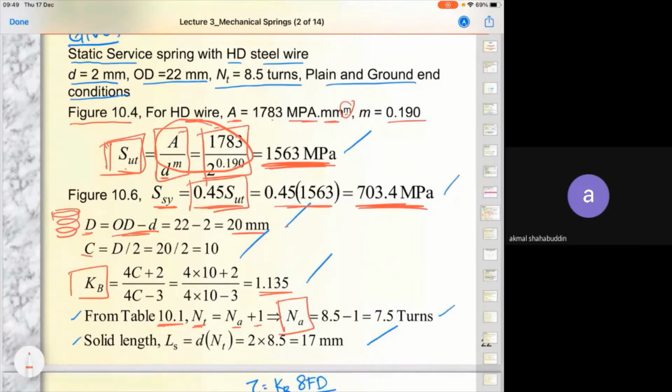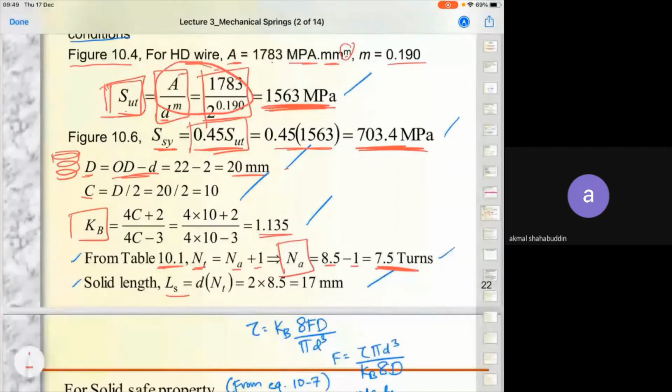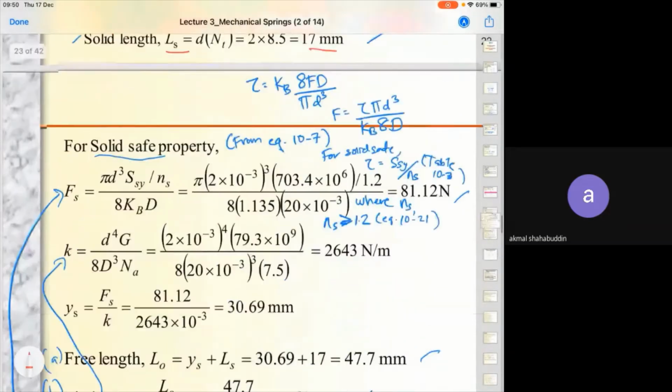So kalau active coil meaning in between them. So that's why 8.5 minus 1. So usually 1 tu adalah end dia, kan? Dekat spring end tu, hujung-hujung. So you get 7.5 turns. Solid length, ingat tadi solid length animation bila kita tekan semua, kita dapat 17 mm. Alright.